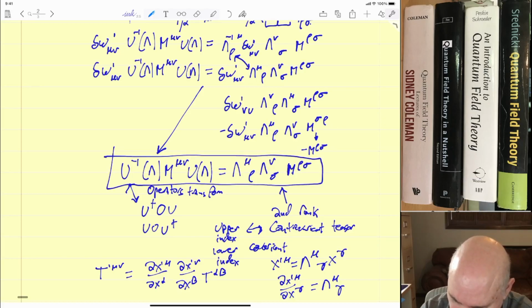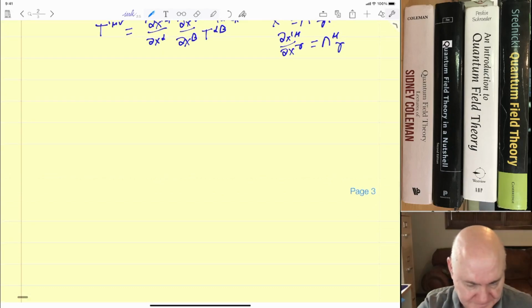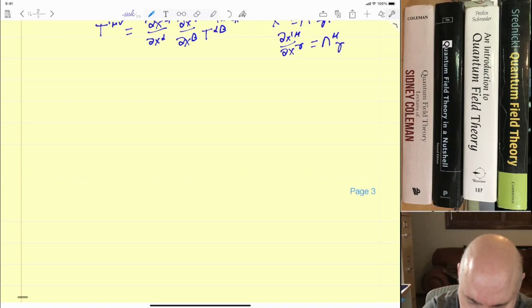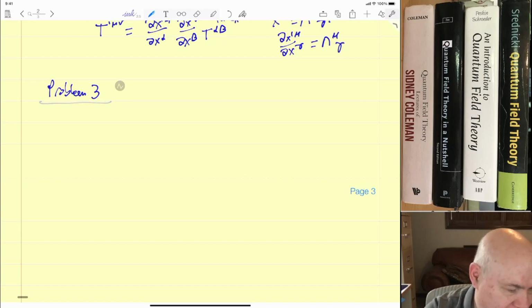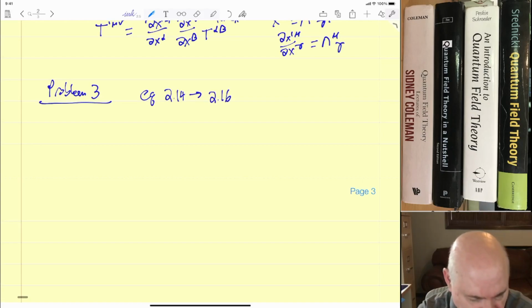Now let's go on to our third problem, which is a little bit messier and more involved. Here we want to verify that equation 2.14 implies 2.16.